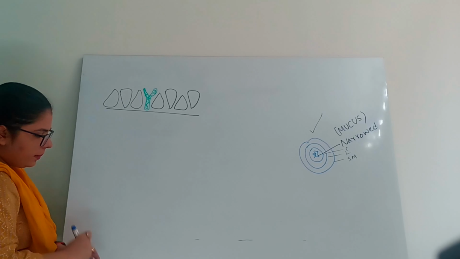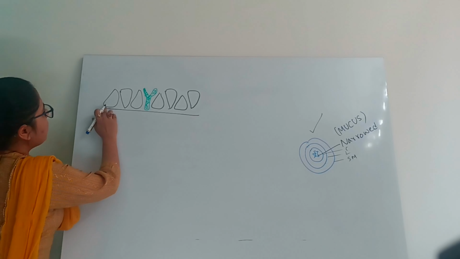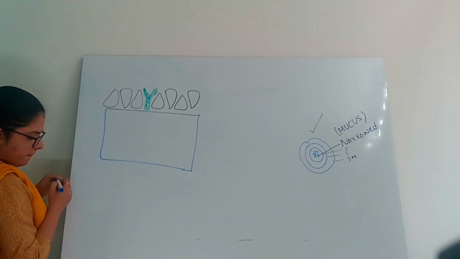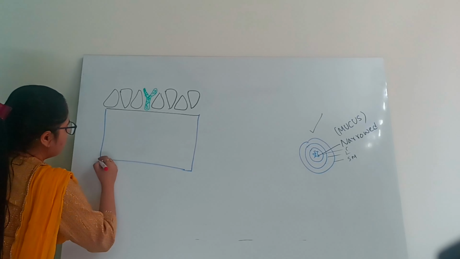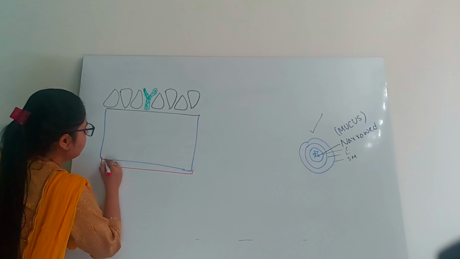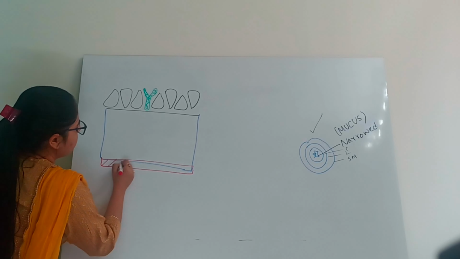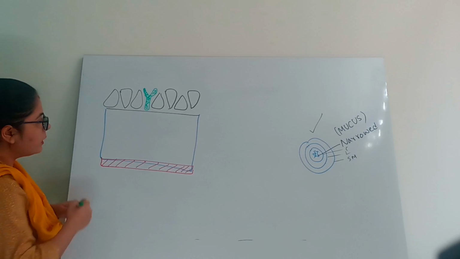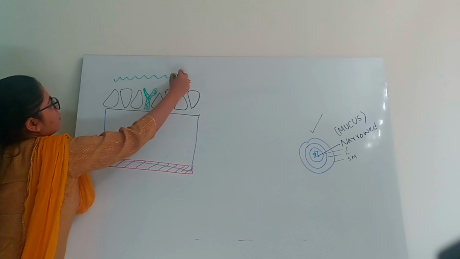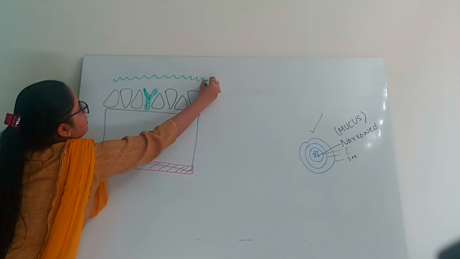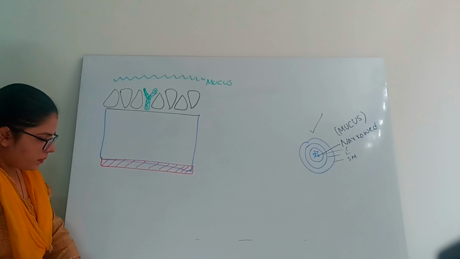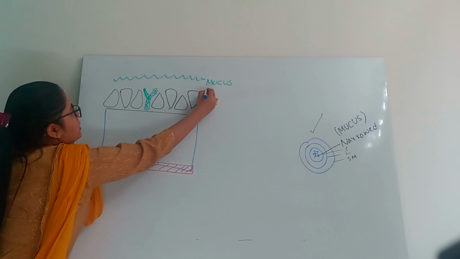This is the basement membrane. Then we have the lamina propria. Then we have the smooth muscles present here. And here we have mucus.